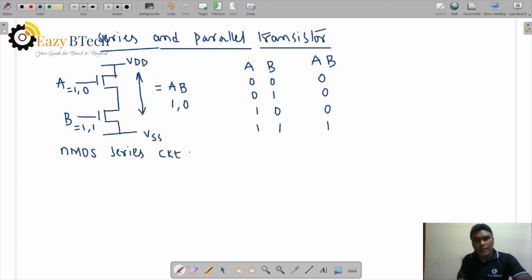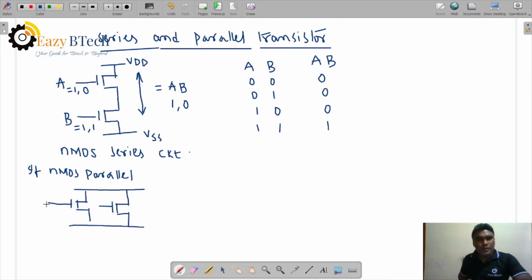If NMOS are in a parallel circuit, then what happens? If NMOS are parallel, then what is the logic? Here we have input A and B, two NMOS transistors, VDD and VSS.